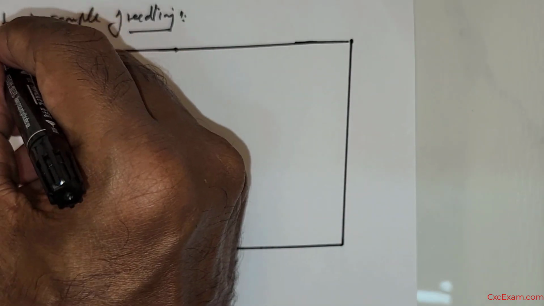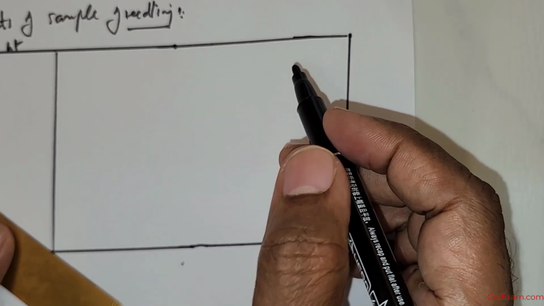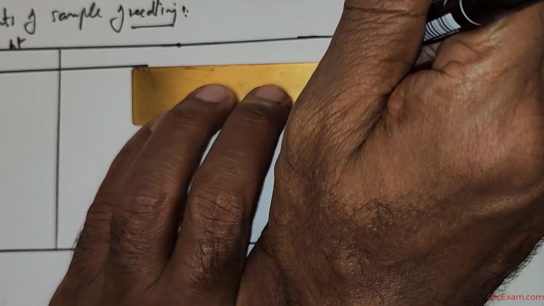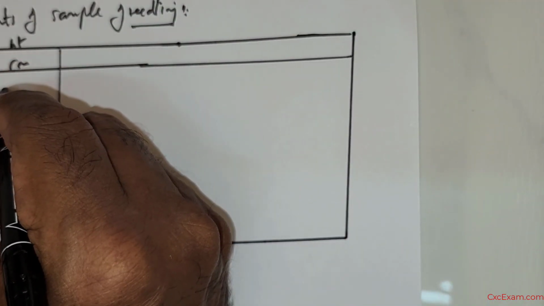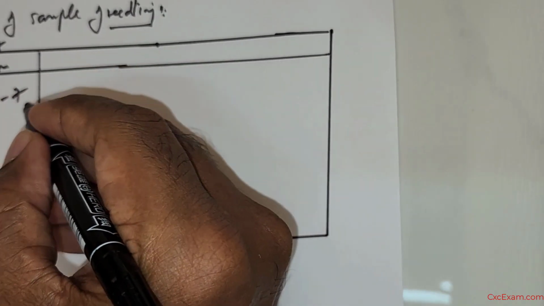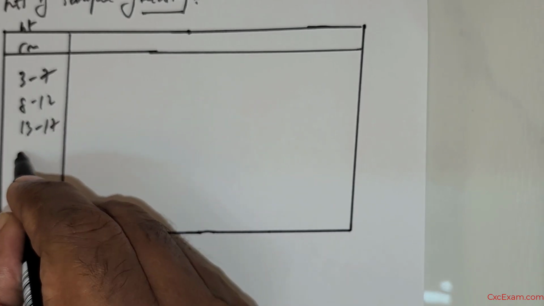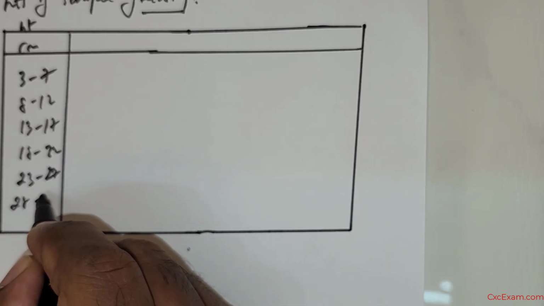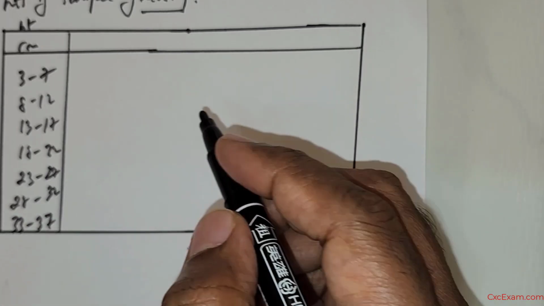Now we are given the height in cm, and this is the data. So 3 to 7, 8 to 12, 13 to 17, 18 to 22, 23 to 27, 28 to 32, 33 to 37.